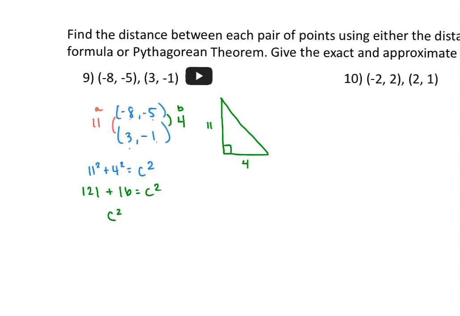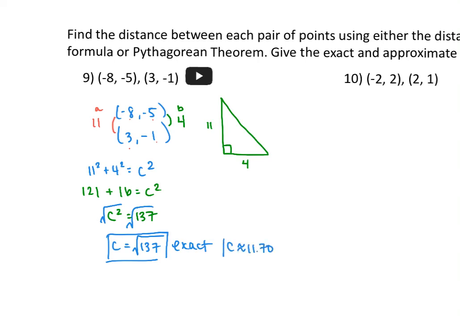And then we just add 137. And now last step, take the square root of both sides. I have my exact answer. To get my approximate, we just put that in our calculator, square root of 137. It's 11.70 approximately.